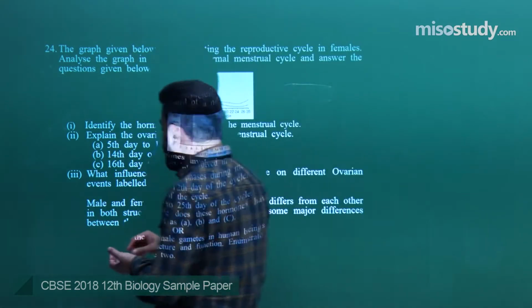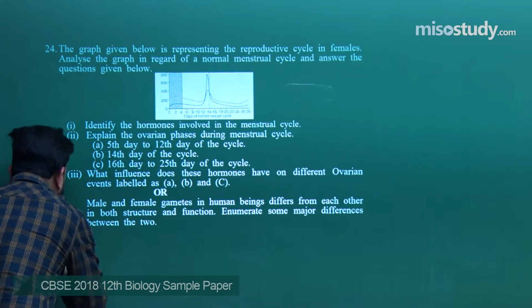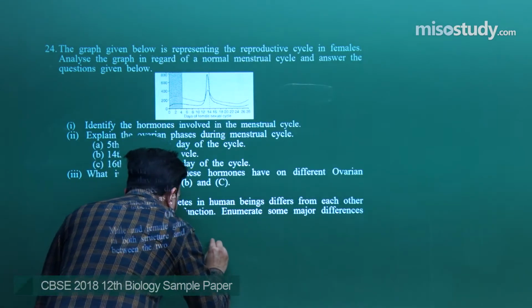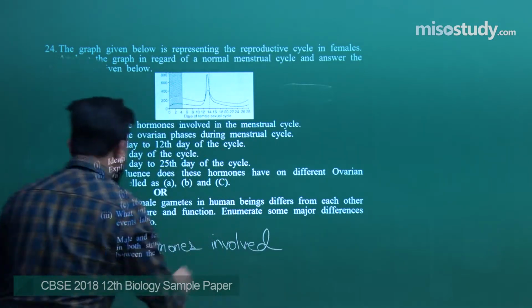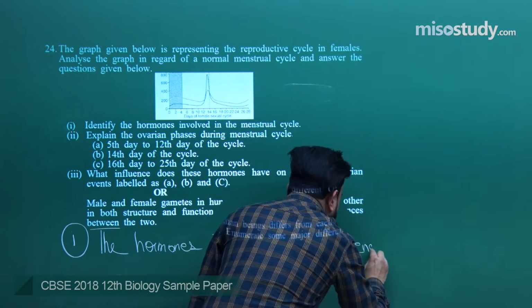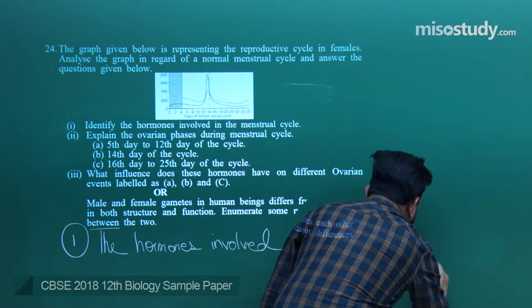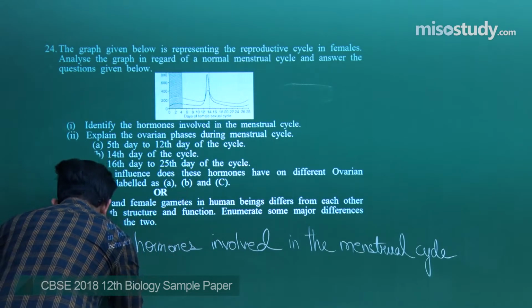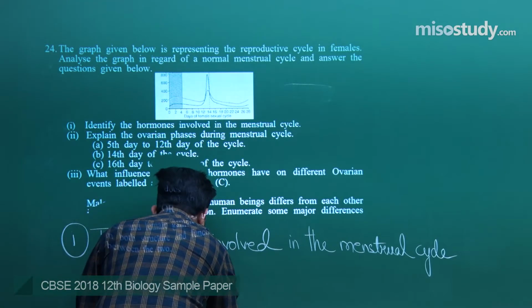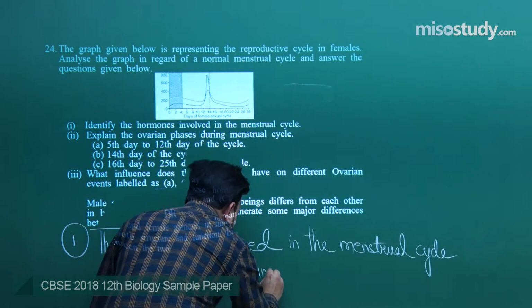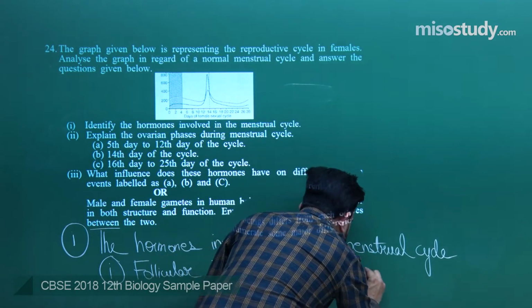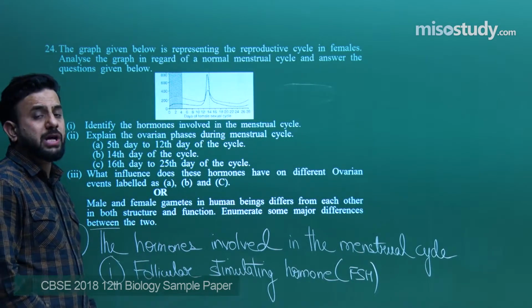So the first answer will be: the hormones involved in the menstrual cycle are the follicle stimulating hormone, FSH, and the second one is the luteinizing hormone, LH.